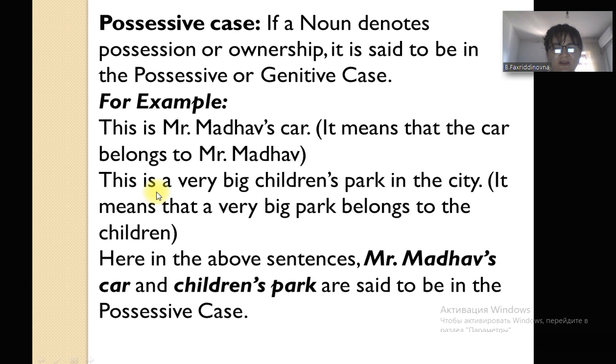This is a very big children's park in the city. It means that a very big park belongs to the children. Here in the above sentences, Mr. Metcalfe's car and children's park are said to be in the possessive case.